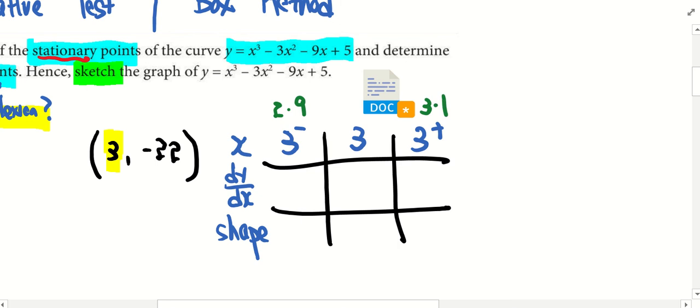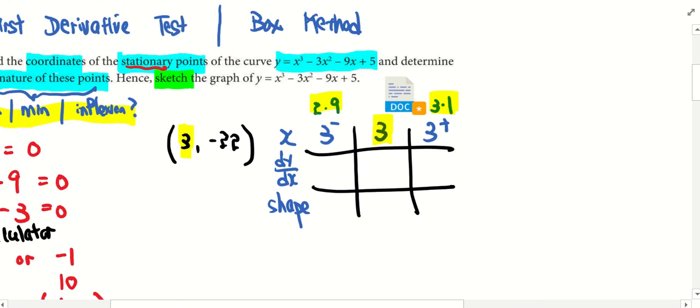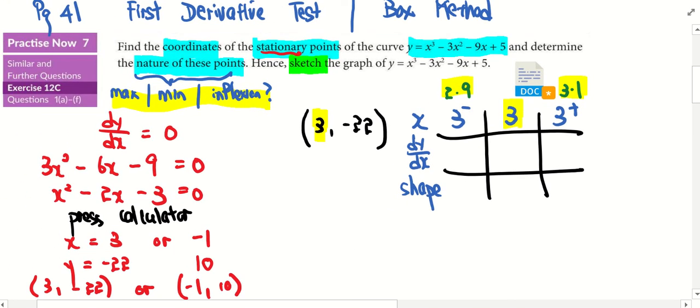Our job is to use these three values and substitute into the dy/dx. Do we have the dy/dx just now? We have. It's actually 3x squared minus 6x minus 9. I do the easiest one. Confirm when I substitute 3 inside dy/dx it must be 0. Am I right?